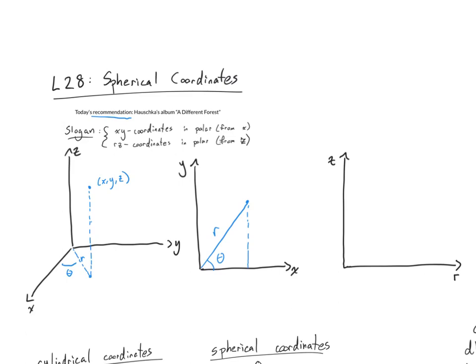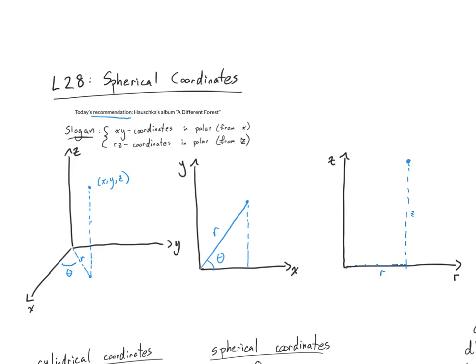In this left diagram, we've got this r pointing out and this distance going up. That's our z component. If I draw that over in the rz plane on the right, I've got r down here, and then I go up a bunch to get my z distance vertically, and here's my actual point.